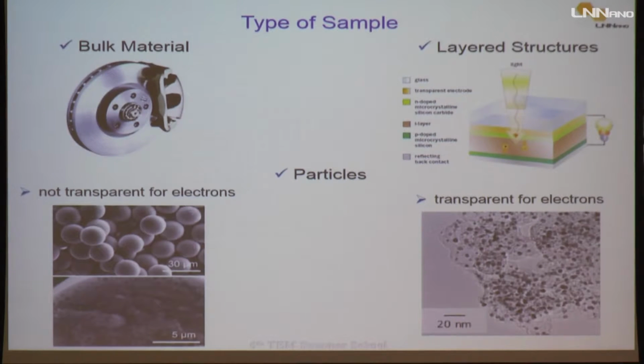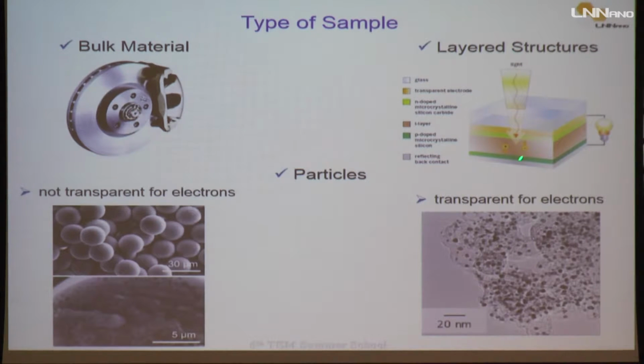So let's continue. We may have different types of samples. We may have bulk materials. We have a part here, a brake of a car. You may be interested in understanding the changes in the physical structure of this part, and then you need to take these parts to the microscope, and how to deal with this?